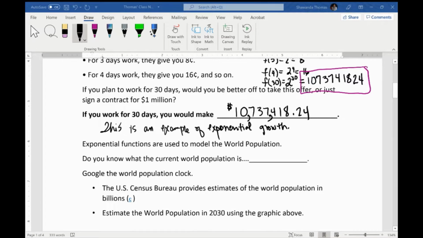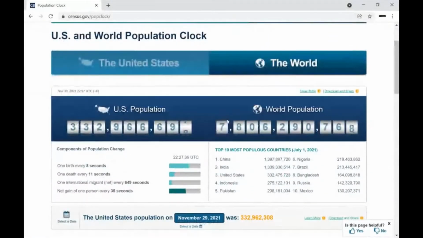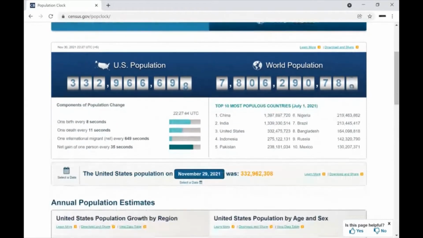All right. So this is from the United States Census Bureau. We're about to hit 8 billion, right? We're at 7.8 billion for the world population. About 333 million people in the United States.